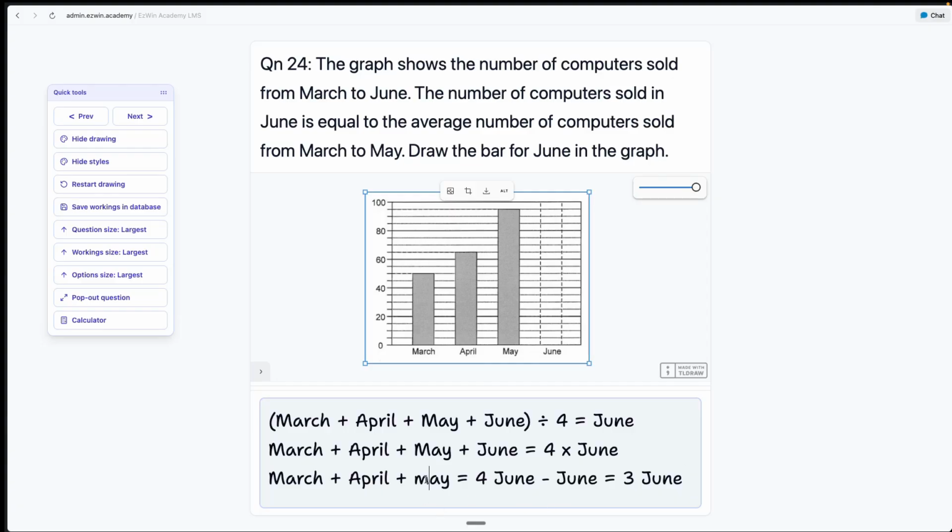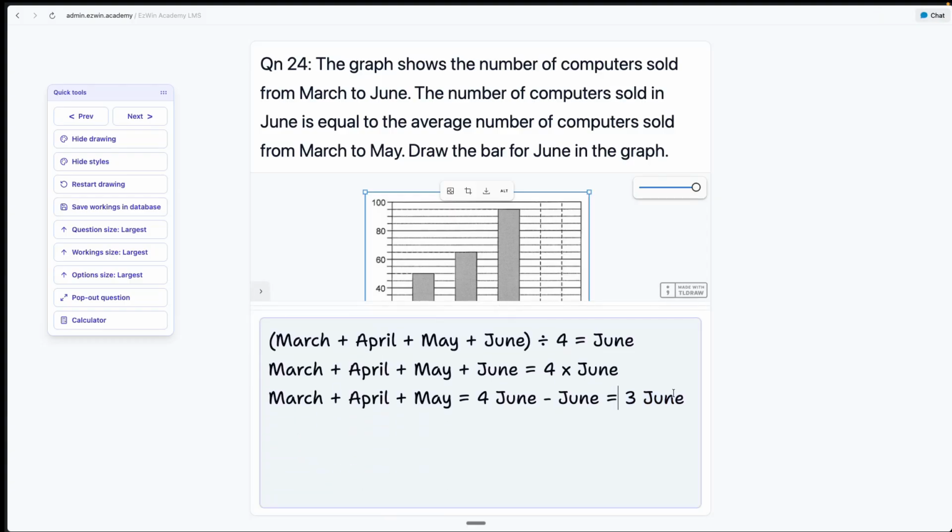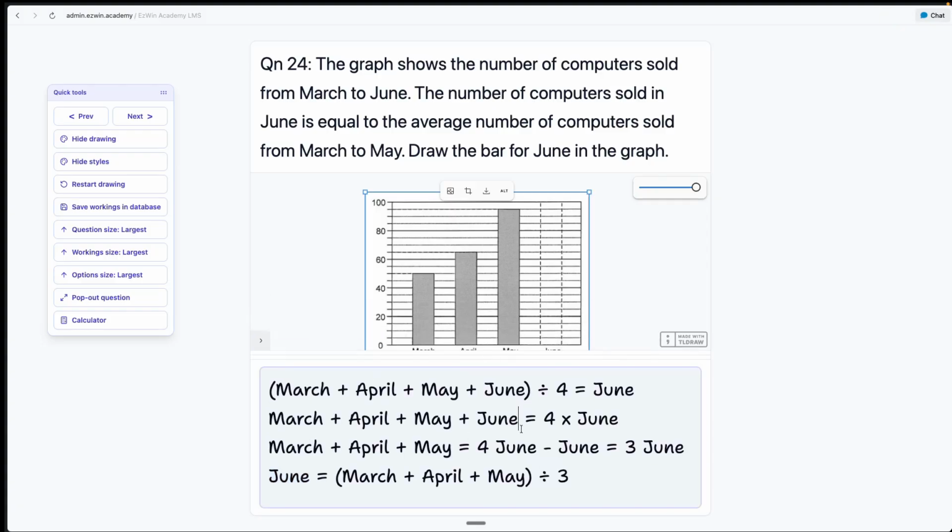So with this, we actually can solve for 3 June, because if we can get the total March, April, and May, and then essentially it will look like this, right? So June is equal to the total of March, April plus May, and then we divide it by 3. And that's how you get June. There you go. So this is how to get it, right?